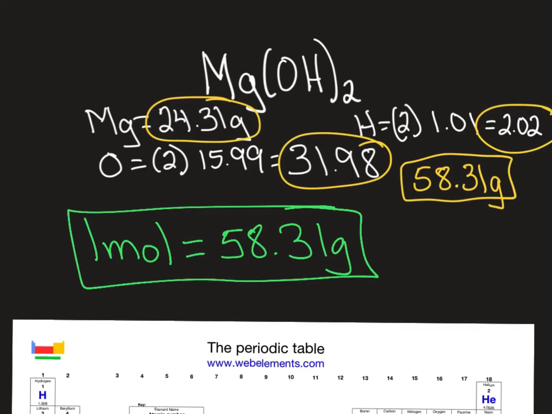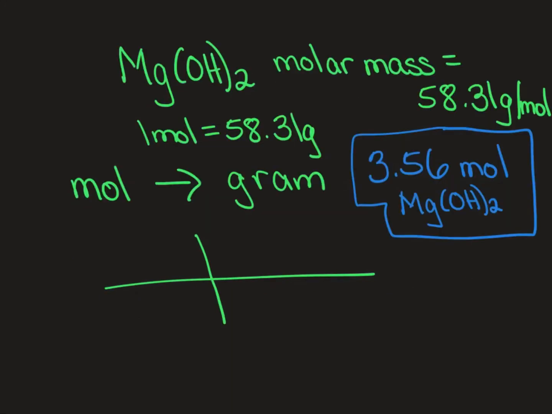This relationship we can use to convert from moles to grams or from grams to moles. Okay, so we're going to go ahead and use magnesium hydroxide. We've already calculated the molar mass to be 58.31 grams per mole. So let's go ahead and make up a problem and convert from moles to grams.